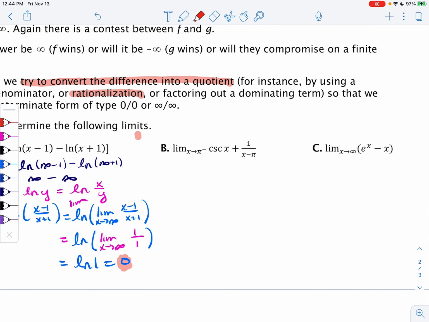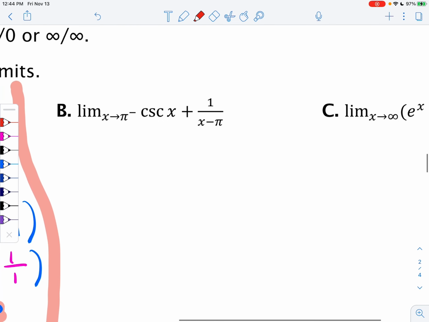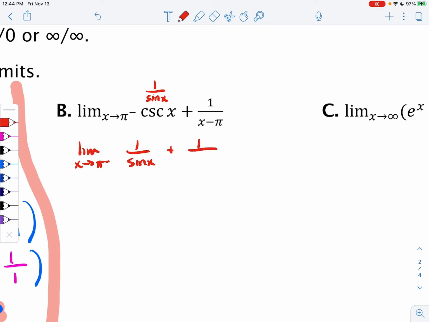Taking a look at example B, we are taking the limit as x approaches pi from the left of cosecant x, and remind ourselves that this is 1 over sine of x. So we could rewrite that and see what happens. The limit as x approaches pi from the left of 1 over sine x plus 1 over x minus pi.